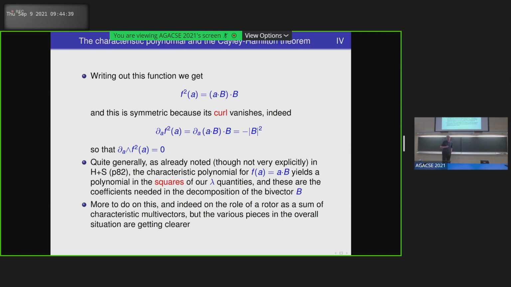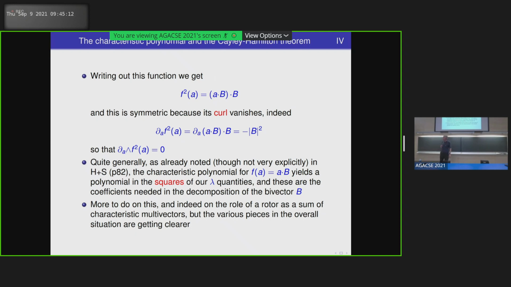Okay, so it says the same thing here. The characteristic polynomial for f of a equals a dot b yields a polynomial in the squares of our lambda quantities, and these are the coefficients needed in the decomposition. So there's more to do on this, and in particular, I haven't really tied this through properly to the business that the rotor is the sum of the characteristic multivectors, but the various pieces in the overall puzzle are getting clearer, I think.